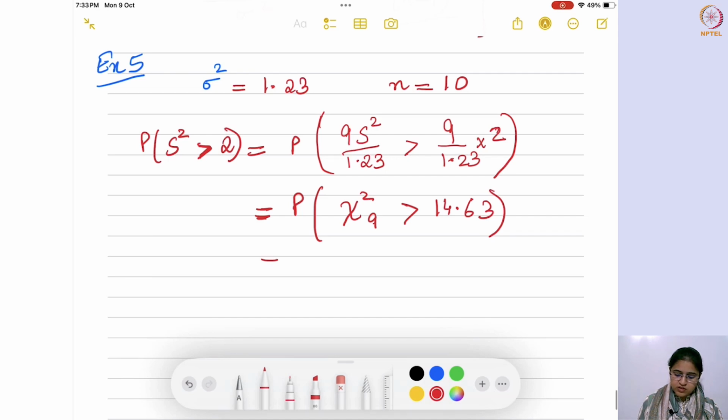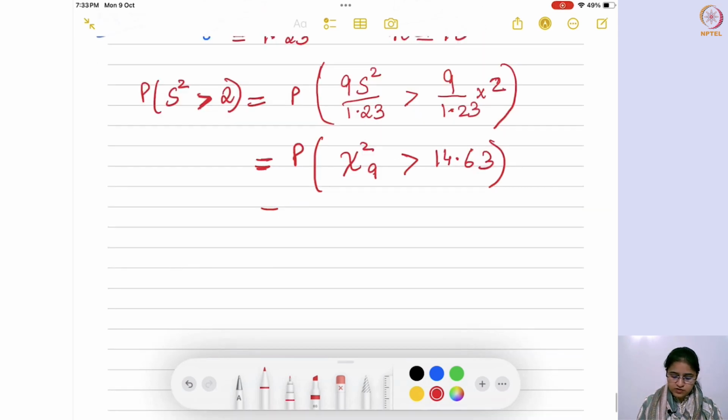So this basically is same as 1 minus the probability that chi-square 9 is less than 14.63.